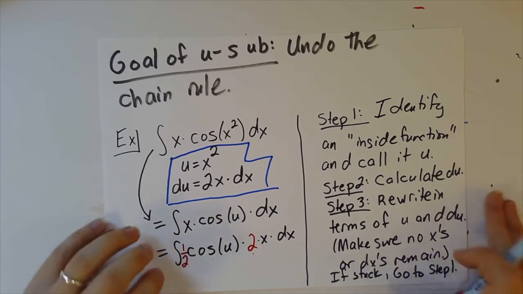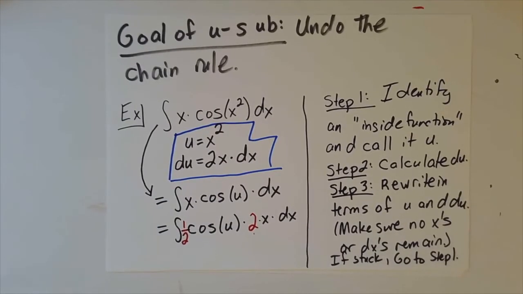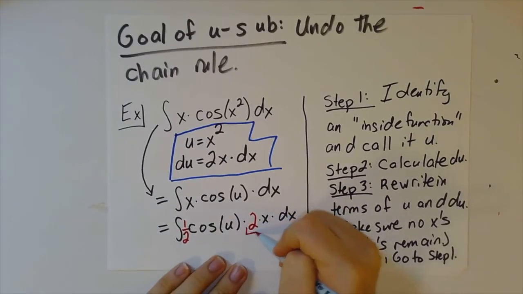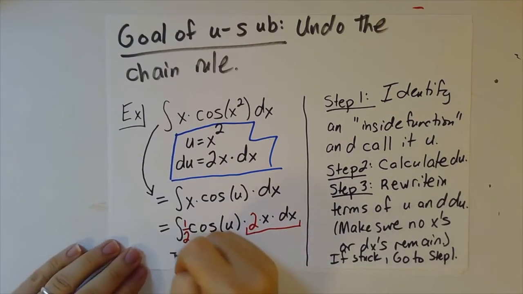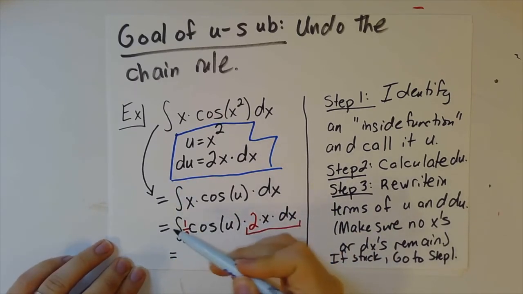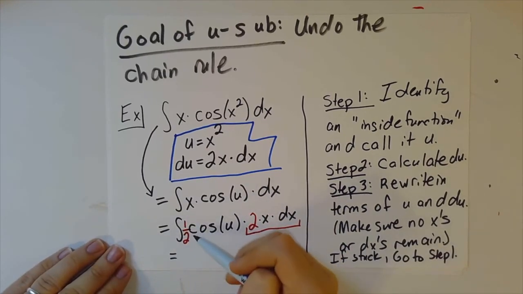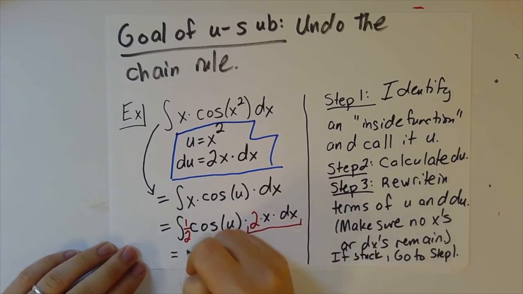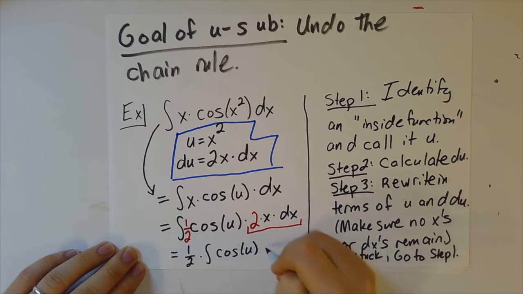But I did all of that so that I could say, hey, that's du. And so this is going to equal, and I'm going to put the 1/2 outside the front of the integral, just like with derivatives, multiplying something by a constant just multiplies the integral by a constant. So I can write this as 1/2 times the integral of cosine of u du.